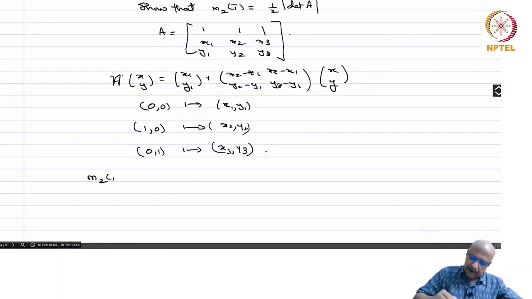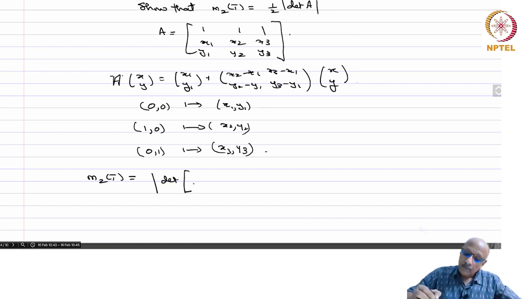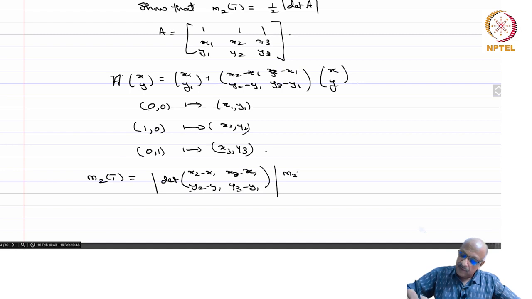So M2 of T is nothing but the modulus of the determinant of [x2 minus x1, x3 minus x1; y2 minus y1, y3 minus y1] times half, because that's the area of the triangle (0,0), (1,0), (0,1), and therefore this.